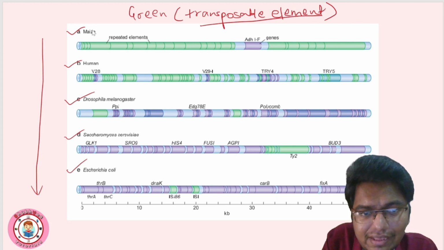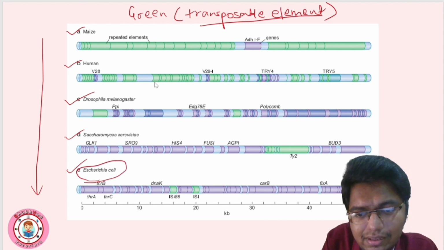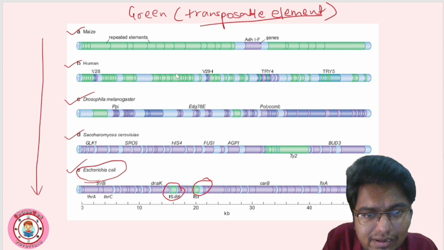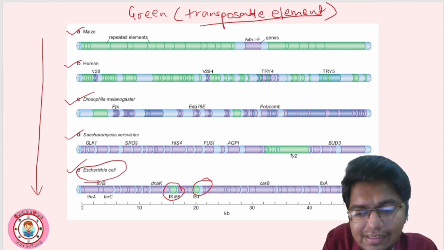We can say the most are in maize and the least in bacteria, Escherichia coli, where there are no transposable elements, only two regions which are green color. Alright, this is just an overview of the transposable elements found in different species.